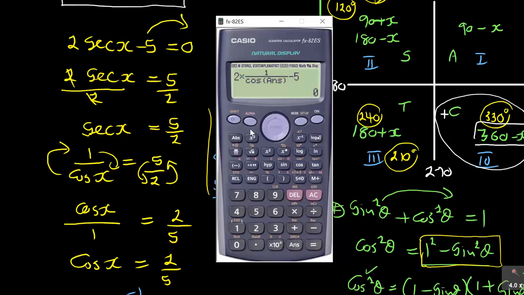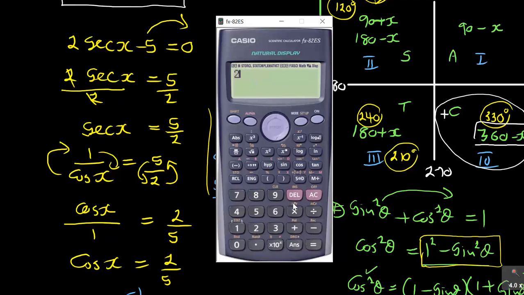The other one, I'll say shift arc cos 2 over 5. I got that answer. Remember I said 360 minus that answer. Now this is the other version of the answer, so I do the same thing. Remember my last answer will always be maintained.